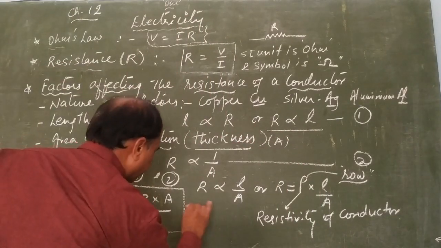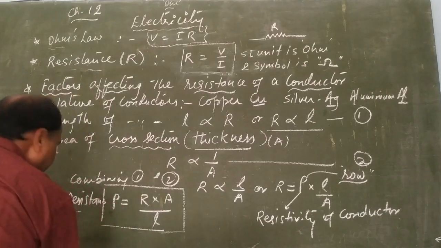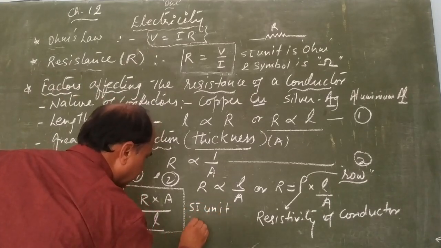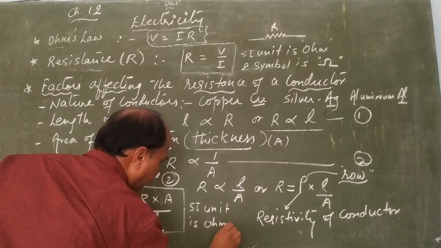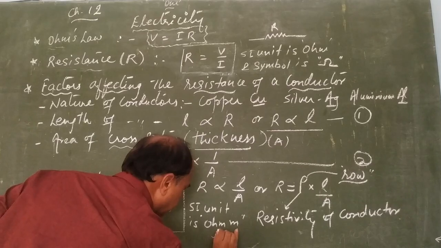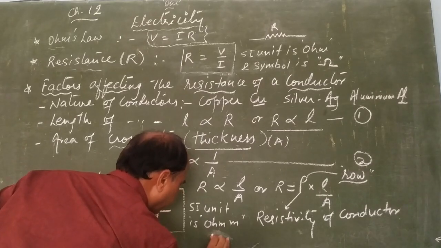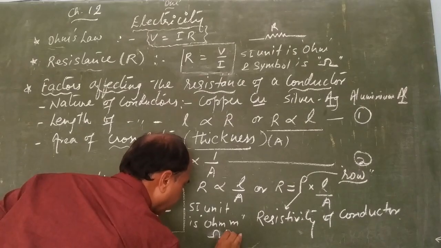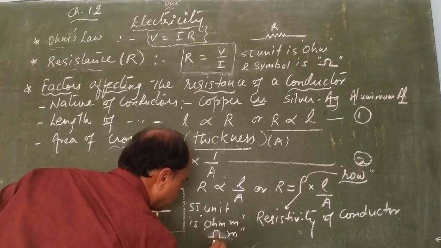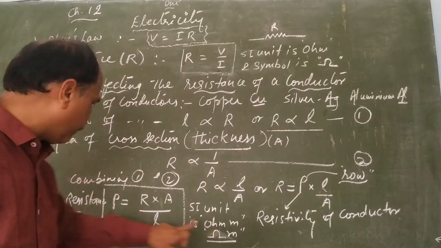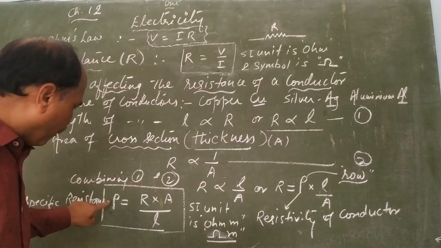The SI unit of rho is ohm meters, and the symbol is ohm meter. So this is the SI unit of rho.